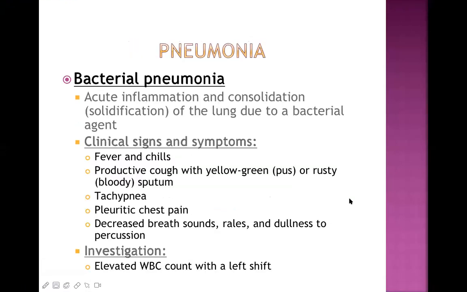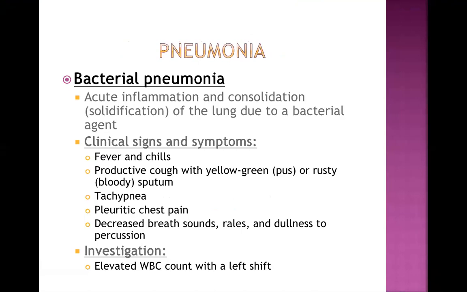Now, after doing the classification, let's talk about the most important part out of all these, which is bacterial pneumonia. If any question comes from this topic, it will be asked from here. Bacterial pneumonia is acute inflammation and consolidation of the lung due to a bacterial agent. Very easy definition.